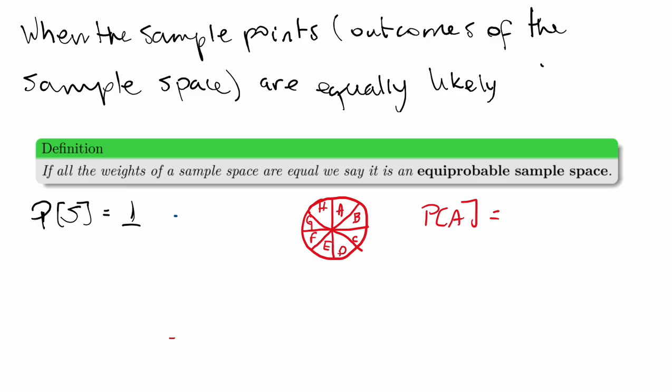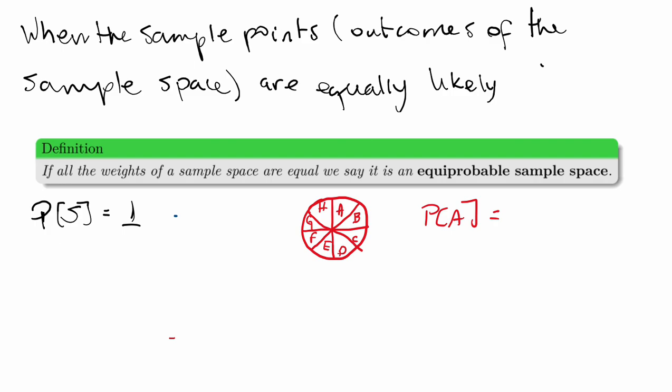So when the outcomes of the sample space are equally likely, you have an equiprobable sample space. I'll give you an example. Let's say we are ordering a pizza, okay? And I order a pizza with 8 slices. So I have slice A, B, C, D, E, F, G, H, okay?